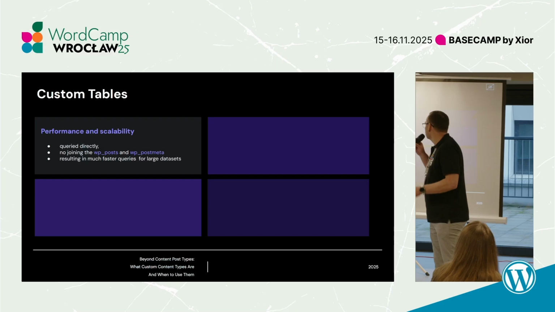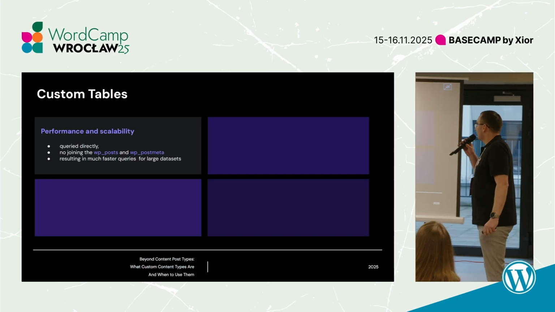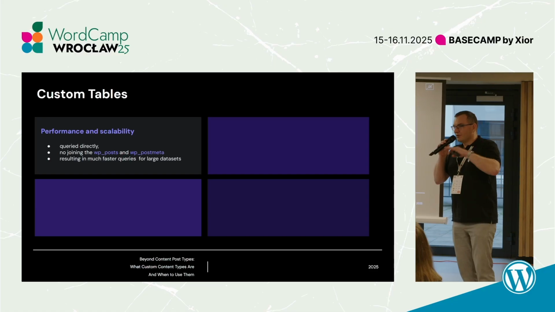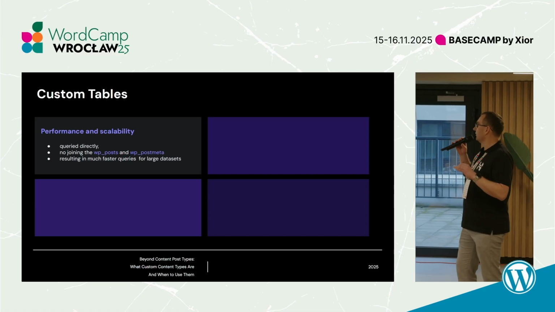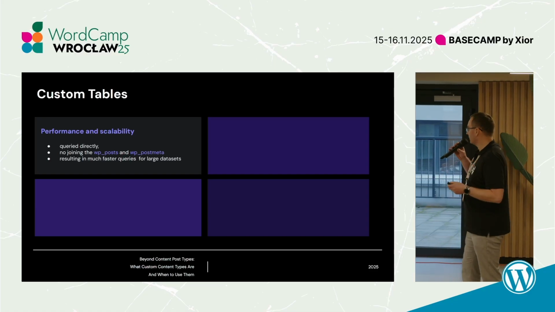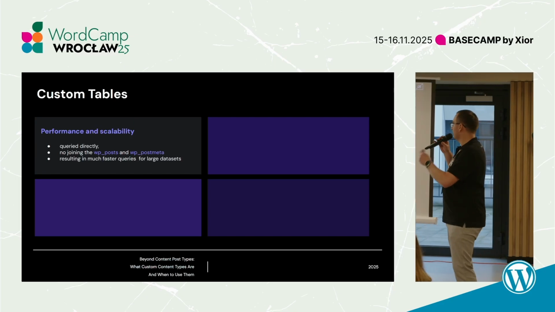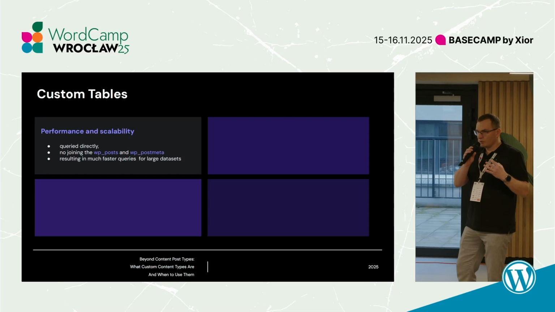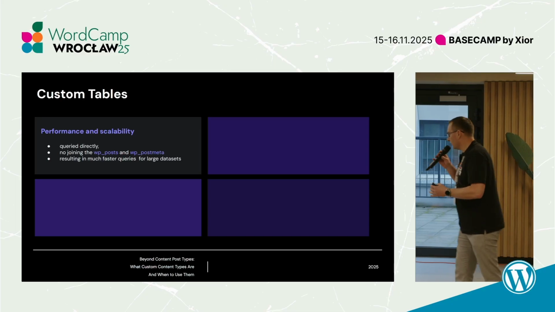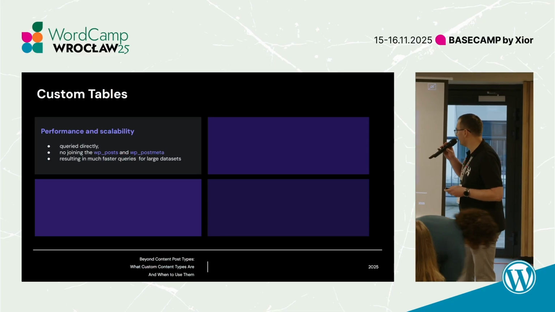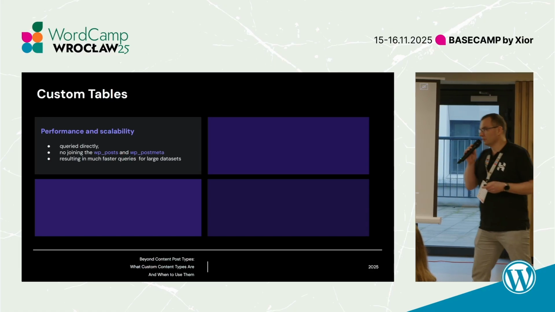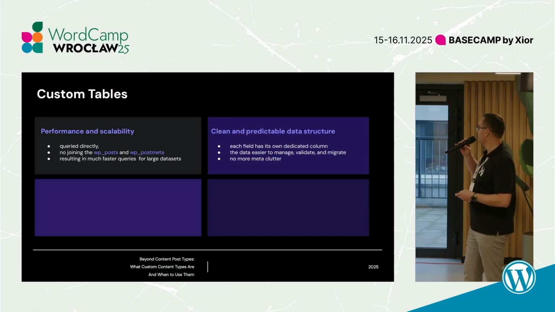What are the advantages? First of all, performance and scalability. We query the database directly. We are not using joins between post and post meta because we define the table ourselves, so we can define our own columns, and the result is much faster than using WP queries.